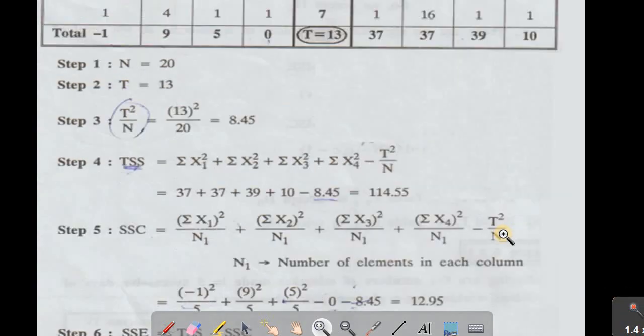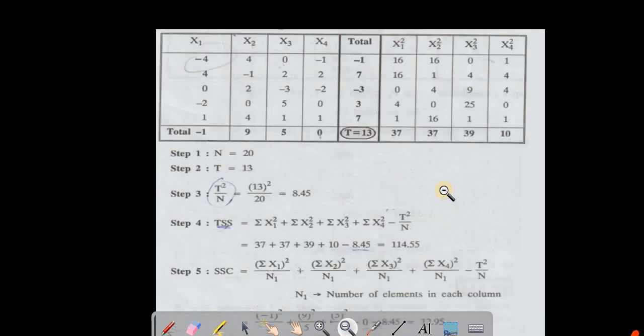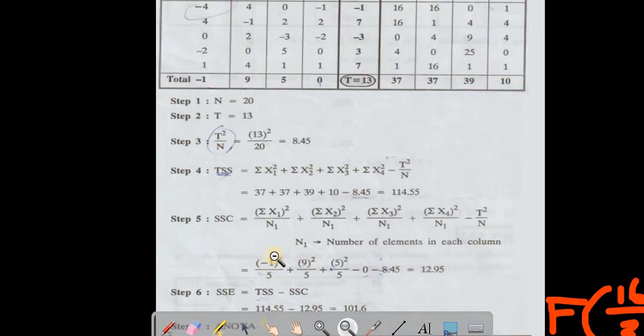Okay, now let me look at the table here. Summation of x1 is minus 1, therefore minus 1 the whole square. Now summation of x2 is 9, so 9 squared divided by 5. 5 means 1, 2, 3, 4, 5; we have to count and write that here, that is n2, n3, n4.